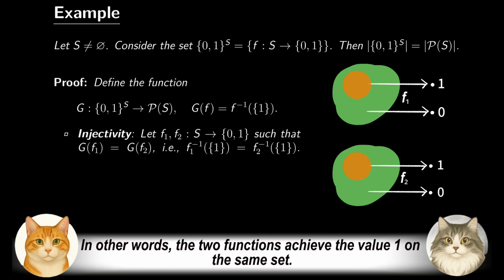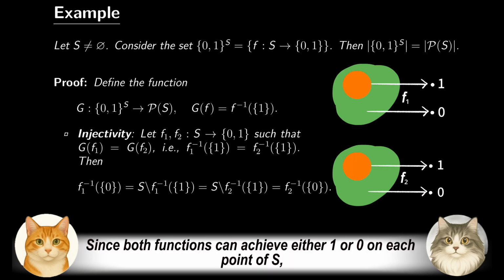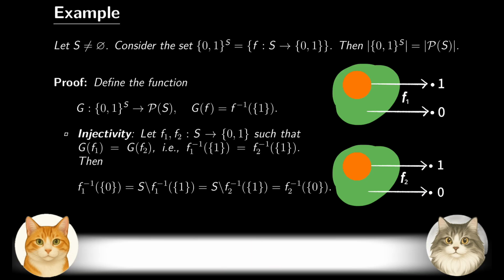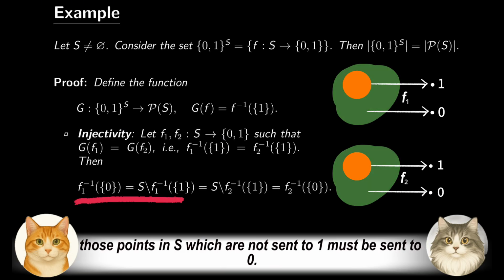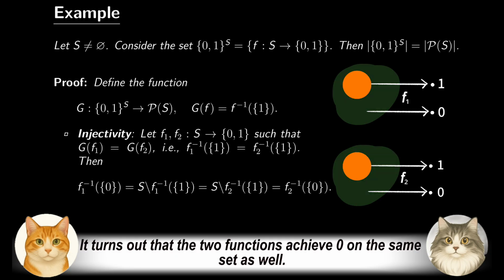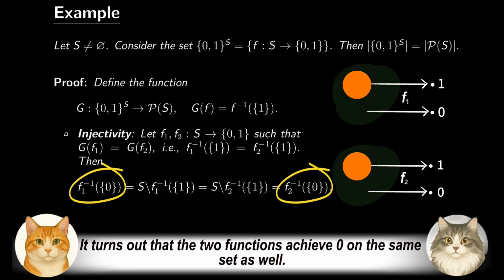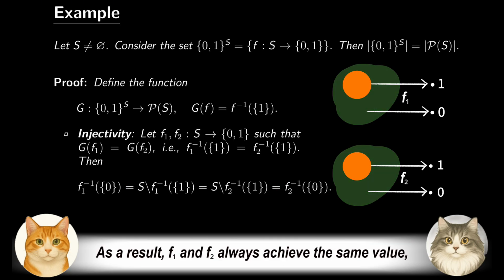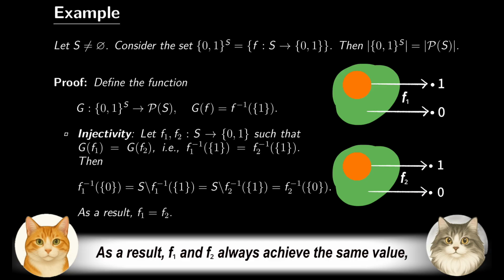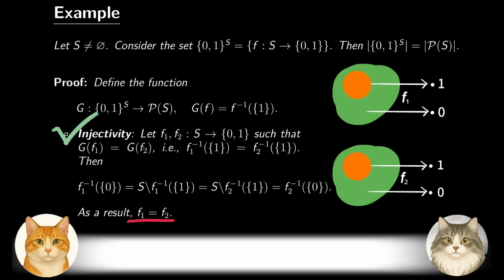In other words, the two functions achieve the value 1 on the same set. Since both functions can achieve either 1 or 0 on each point of S, those points in S which are not sent to 1 must be sent to 0. It turns out that the two functions achieve 0 on the same set as well. As a result, f1 and f2 always achieve the same value, so the two functions are equal.